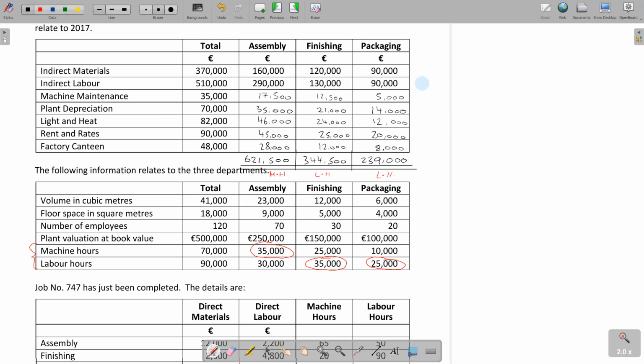So for assembly, we are going to be doing 621,500, divide that by 35,000, and we get 1776. So that's how much euro we are going to charge per machine hour when we are costing a job.